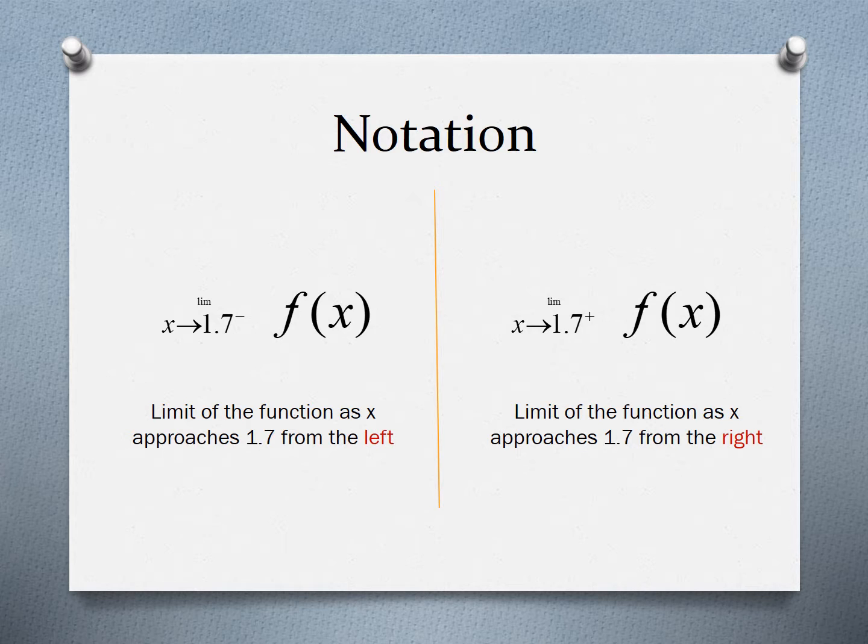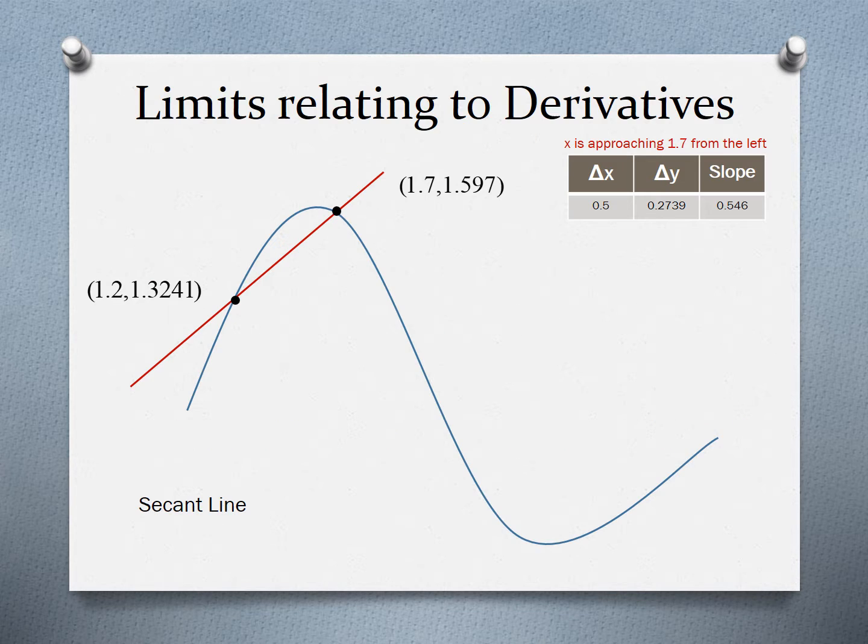You saw graphically how we were able to approach the limit from the right. Let's look at how we approach the limit from the left. Now notice my original point is the same, 1.7, and I'm going to pick some arbitrary point on the left, 1.597.